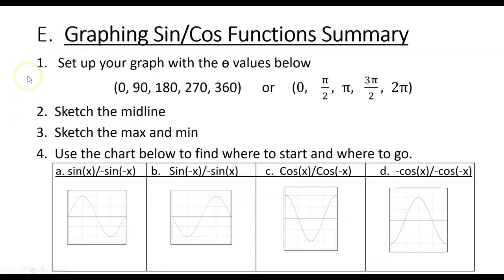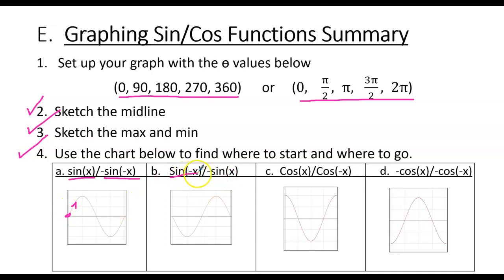All right, now let's revisit sine and cosine. So this is from a couple days ago now. With sine and cosine, we use these numbers if we're doing degrees, or these numbers if we're doing radians. After that, we sketch the midline. Then we sketch the maximum and minimum. And then we're going to use these charts below to know where to start and where to go. So if you have a sine x or a double negative sine, you start at the midline and go up.